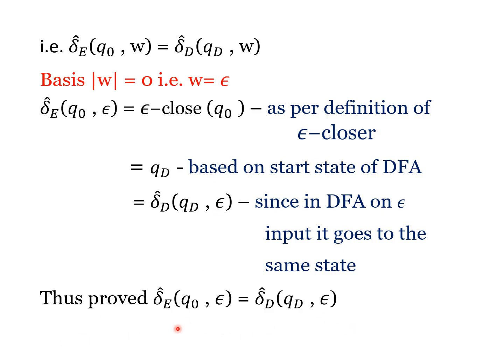Thus we have proved the basis. From the start state Q0 on input epsilon in the epsilon NFA, and in the same way in the DFA, both go to the same thing. Thus we have proved this.